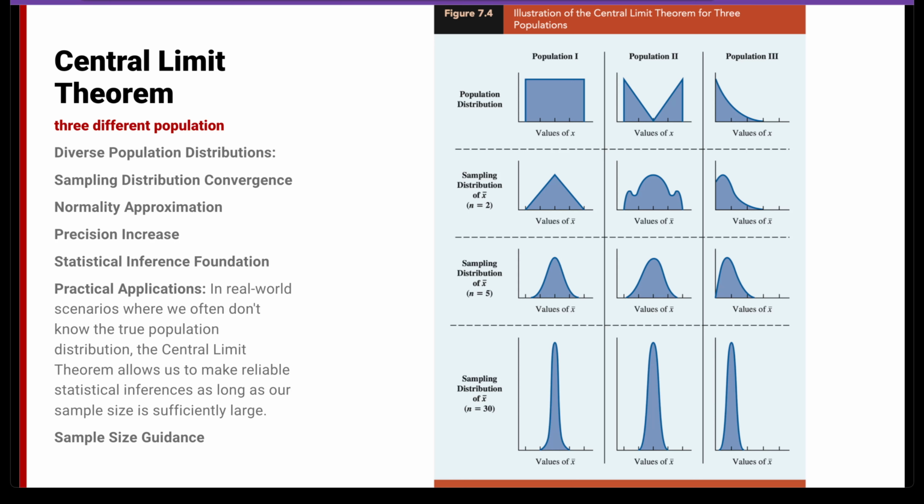And you can kind of see here, so here's the population distribution. And if we just sample 2, it doesn't work really well. So it's always important to ask, hey, is our distribution bell-shaped? Is it gamma? What does it look like?